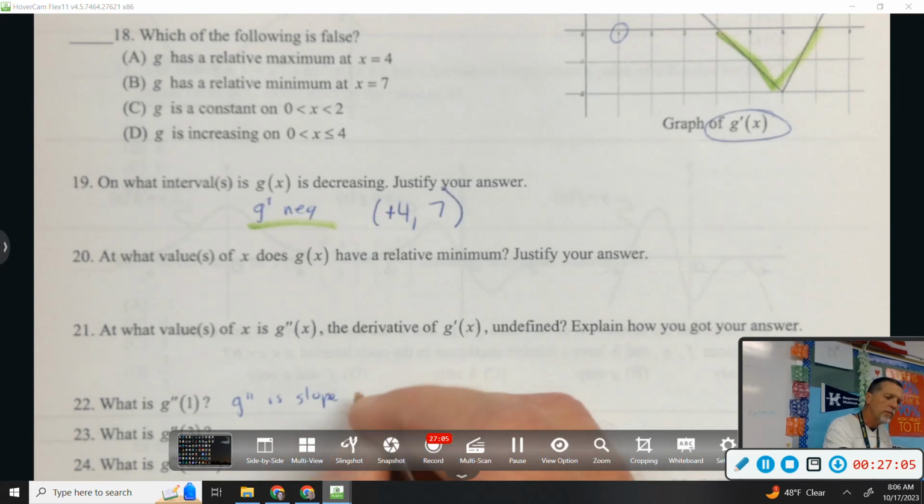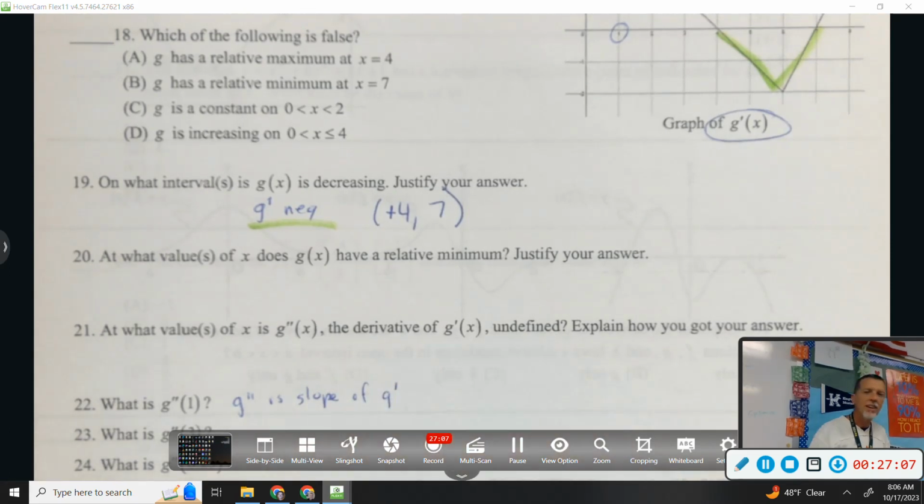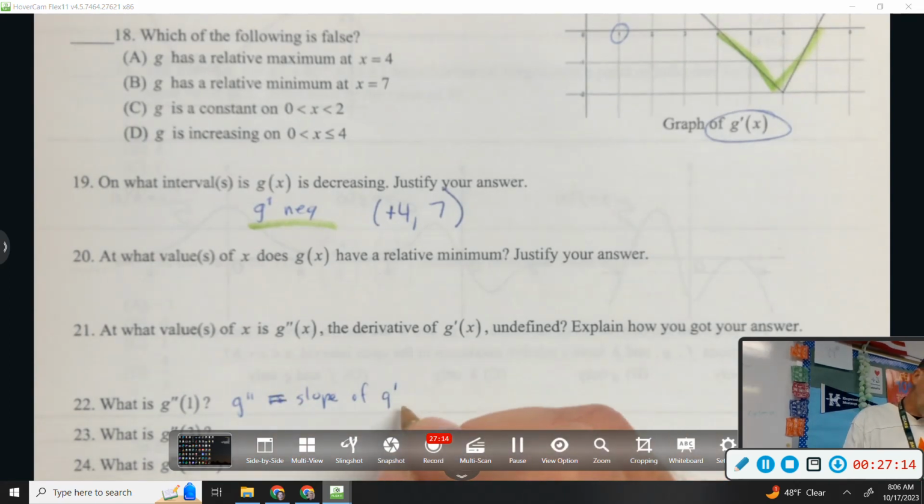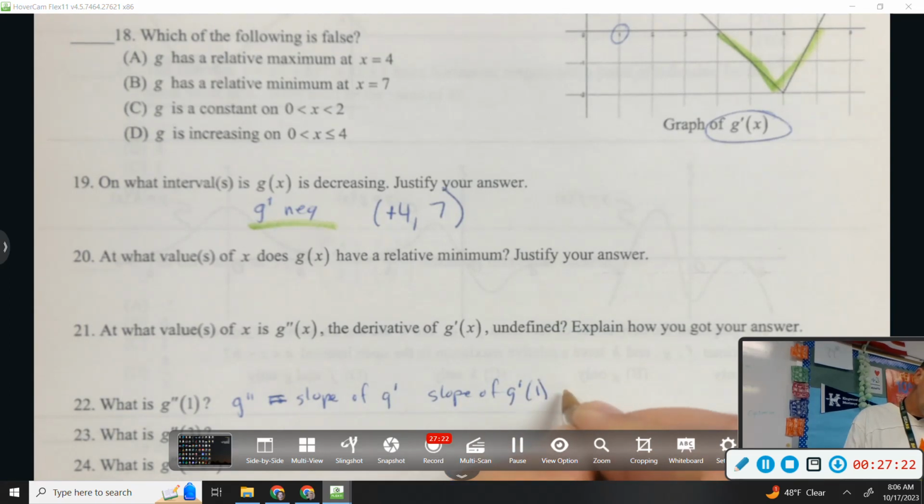G double prime is the slope of g prime. So the slope of g prime at 1 is 0.